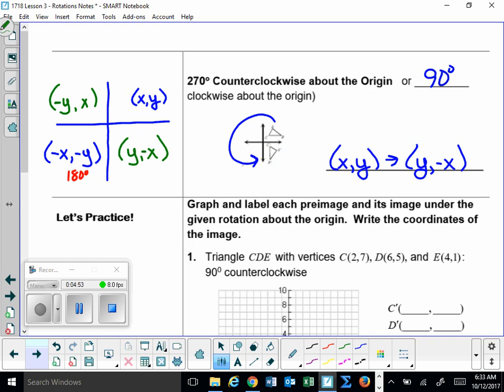So to me, the rules for rotation just follow the rules for integers in the coordinate plane. Okay, your positives and negatives match up, and all I have to remember is to switch the X and the Y values in the second and fourth quadrant. But I'm very rule oriented, and I know other people are very visually oriented. So we're going to look at this a couple different ways.